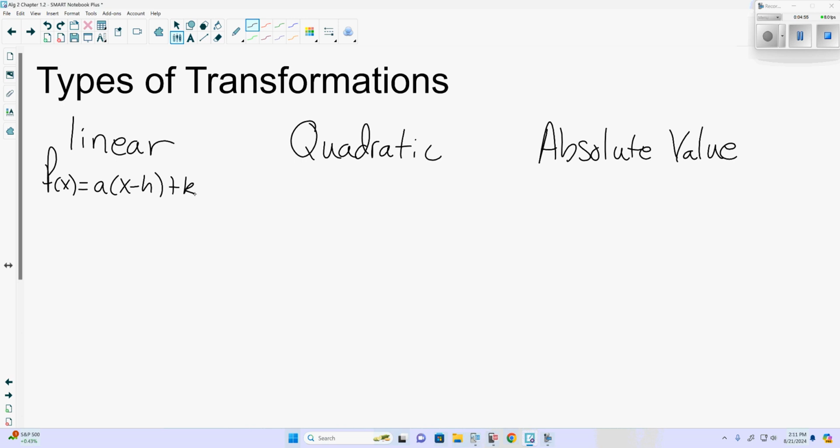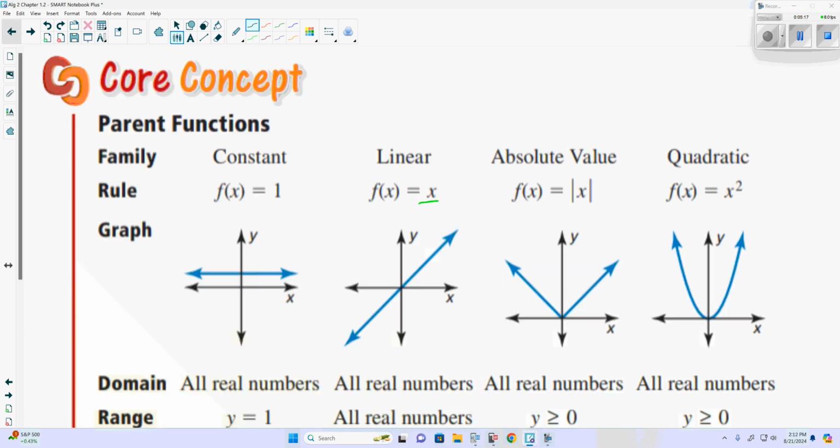Because plus 0, no reason to write plus 0 or minus 0. And a is either going to be 1 or a number. Yes. Well, we don't write a multiplication of 1, because 1 times x, we just write x. So if a is 1, h is 0, k is 0, we're just back at f of x equals x. It's the parent.